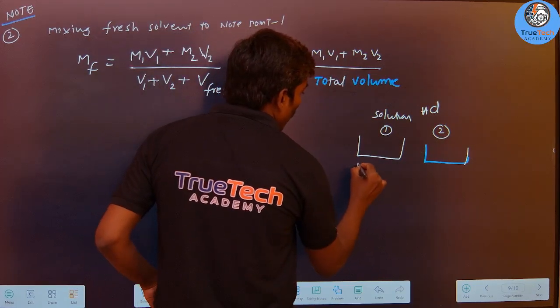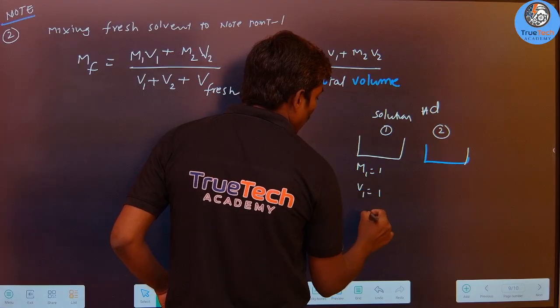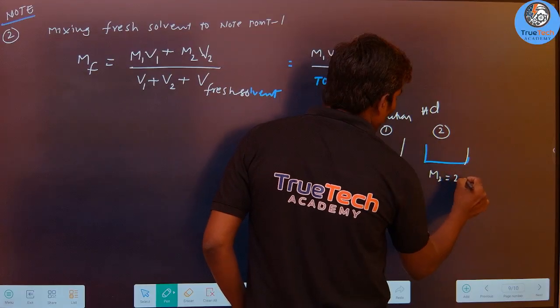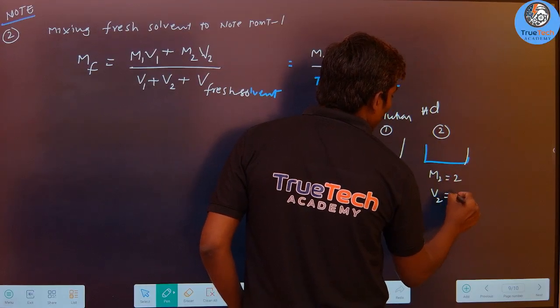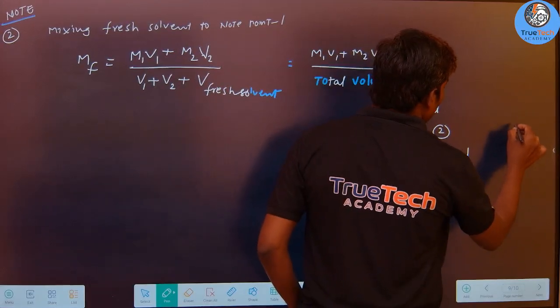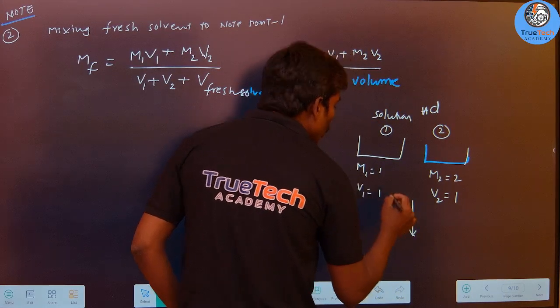Molarity is given, say 1, volume is given 1 liter. Similarly, the molarity of the second solution, say 2 molarity, volume V2 is given, say 1 liter. These two are mixed.